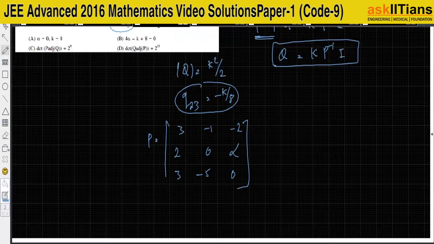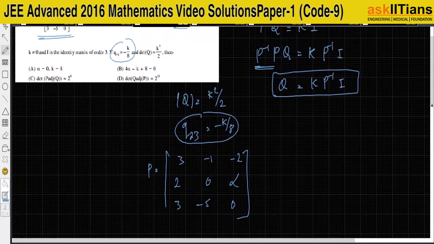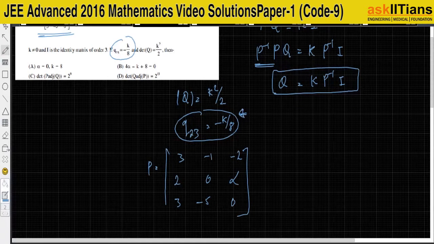I don't need to find out the entire P inverse, because we are just concerned about this element. So we need to find out this element Q 2 3. I don't want to find out all these elements, but I want to find out this element Q 2 3.